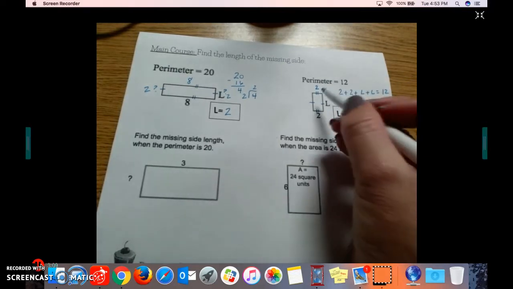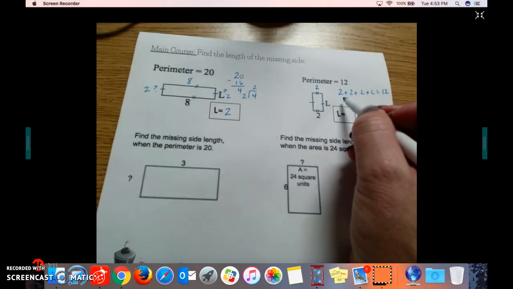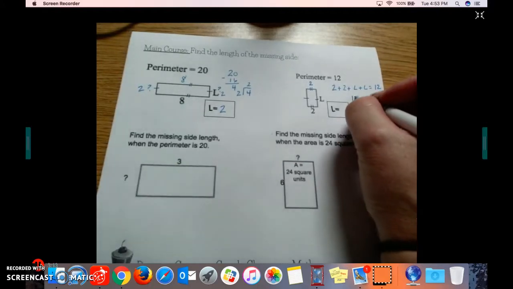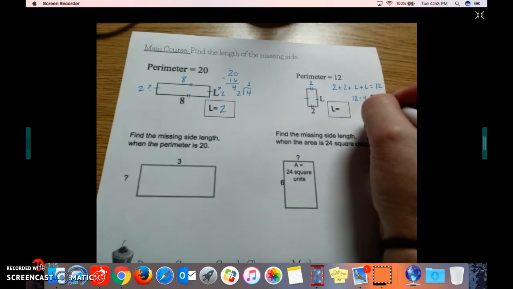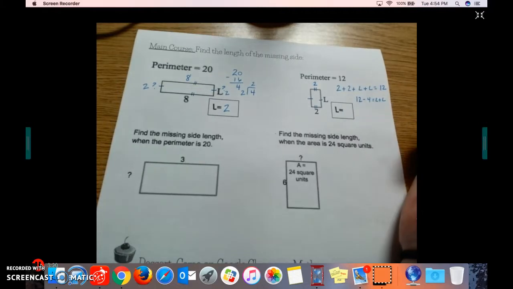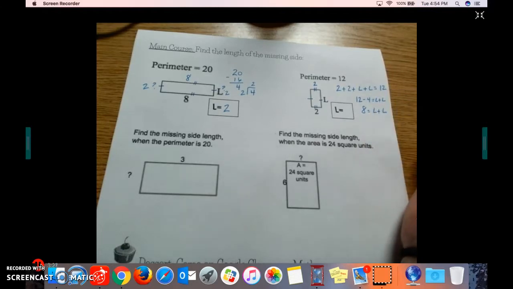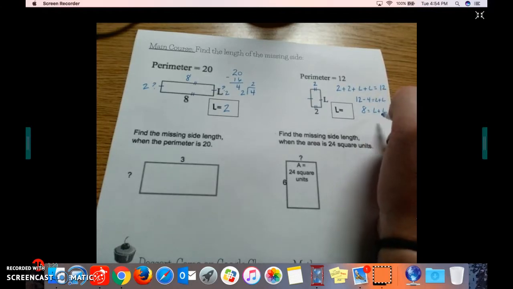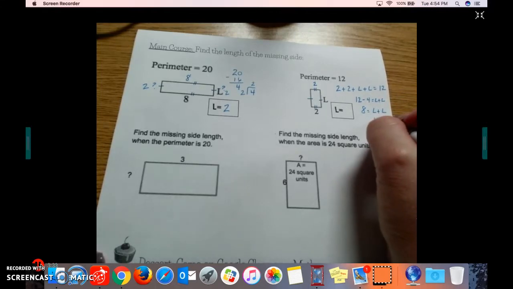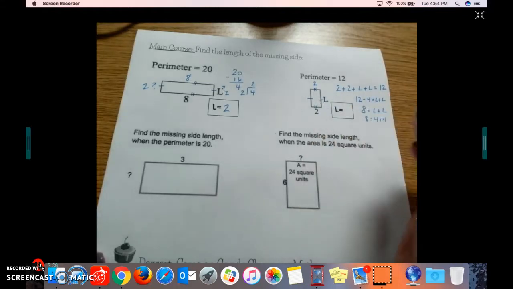So I can take the 2 plus 2, which I figured out is 4, and I'm going to do 12 minus 4 equals L plus L. So 12 minus 4 is 8. And I know that that's going to be L plus L. So I need to divide 8 in half. Half of 8, or 8 divided by 2, is 4. So I know that 4 plus 4 equals 8. So I know that L is going to be 4.